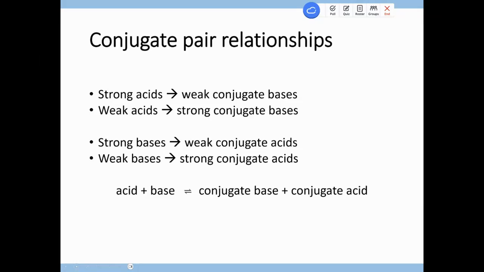Weak bases produce strong conjugate acids. We're talking about acid and base strength on a continuum. Even between weaker acids, we can have stronger and weaker weak acids. Even if they're not part of the strong acid list, there's a big range of how strong an acid is. So the stronger acid will produce the weaker conjugate base, and stronger bases produce weaker conjugate acids. Again, acid and base on the left side, conjugate base and conjugate acid on the right side of the equation.